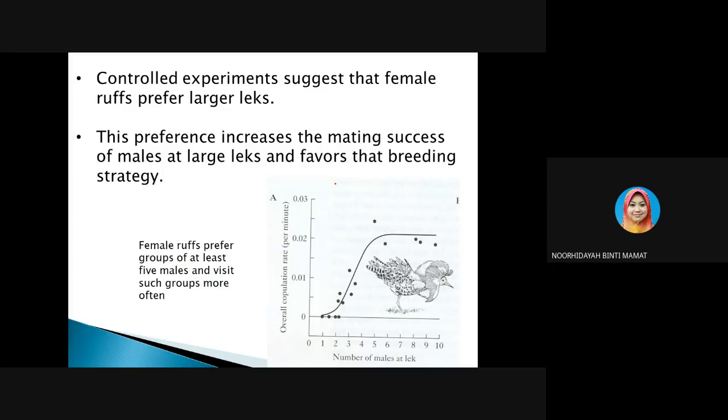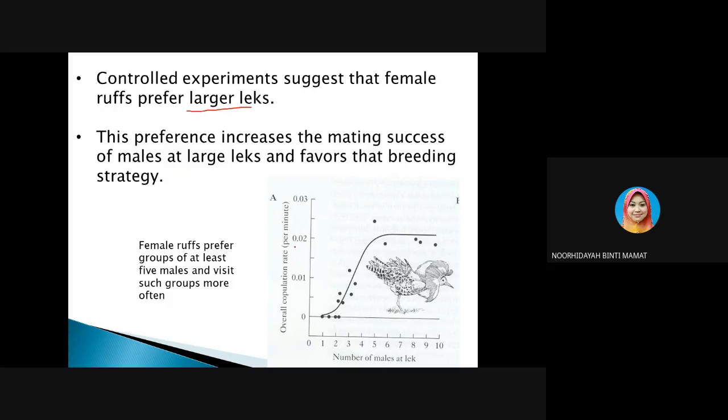We also have experiments in the ruff. The control experiments suggest that the female ruff prefer the larger leks. This preference increases the mating success of males at the large leks and favors the breeding strategy.